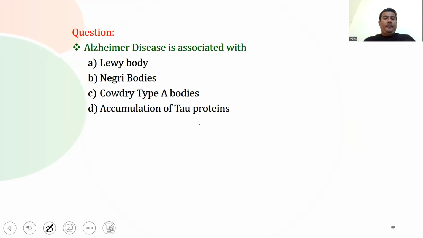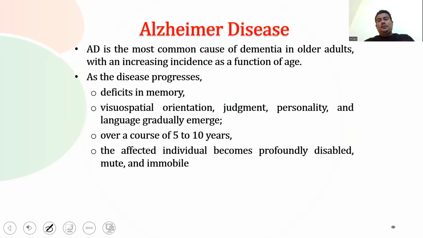Next question. Alzheimer's disease is associated with Lewy bodies, Negri bodies, Cowdry type A bodies, and accumulation of tau proteins. So briefly discussing Alzheimer's disease, what we know is that it's the most common cause of dementia in older adults, and its incidence increases as a function of age.